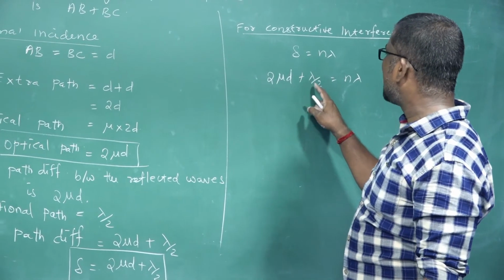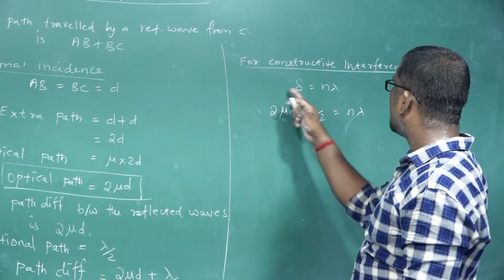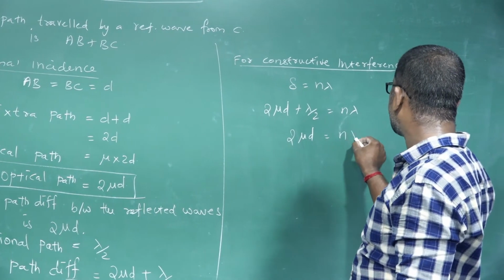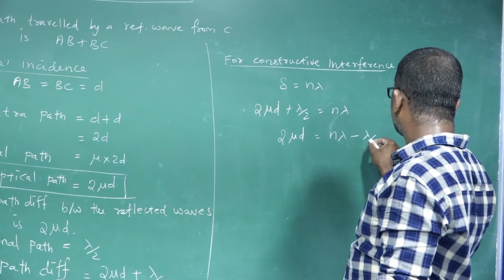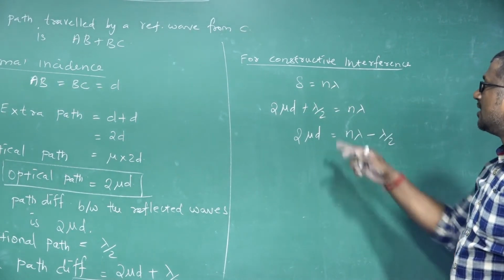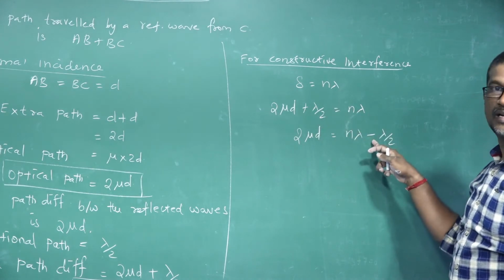Suppose the lambda by 2 is taken to this side, then this condition becomes 2 mu d is equal to n lambda minus lambda by 2. If lambda by 2 comes from the left side to the right hand side, the plus lambda by 2 becomes minus lambda by 2.